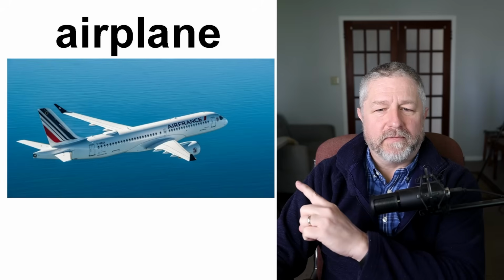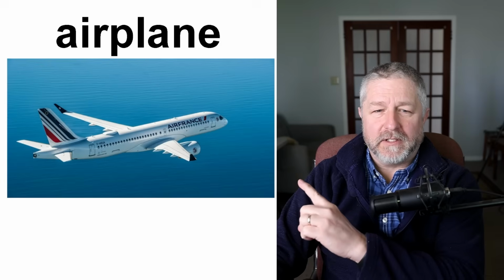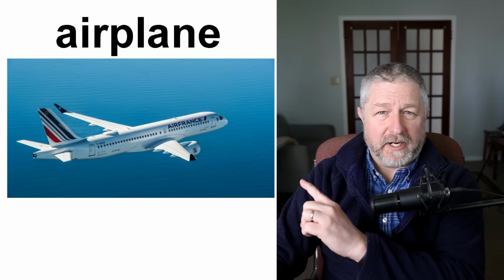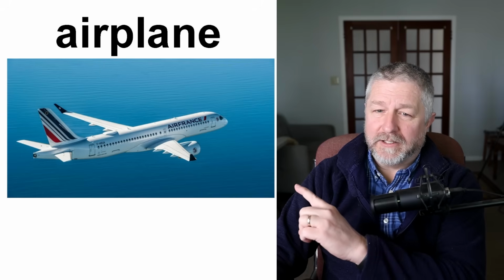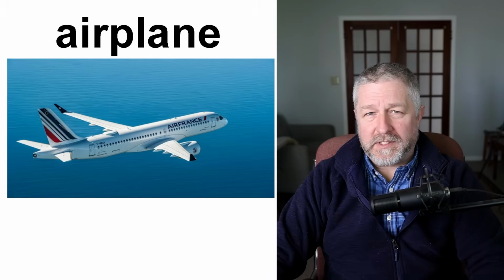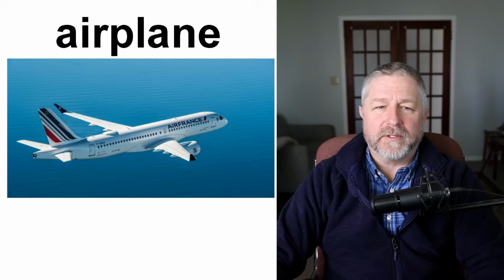So aircraft is a general term for anything man-made that flies, whereas airplane refers to this type of machine: two wings, engines. Sometimes it's a passenger airplane, and sometimes it's a cargo airplane. And usually in English, we just say plane. We don't always say airplane. You can use both for sure.